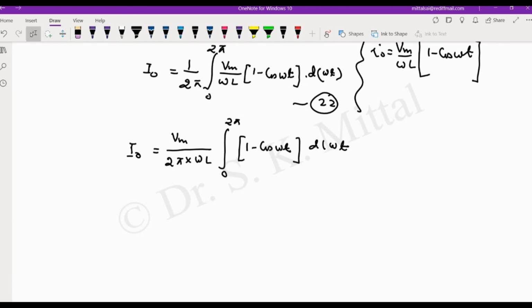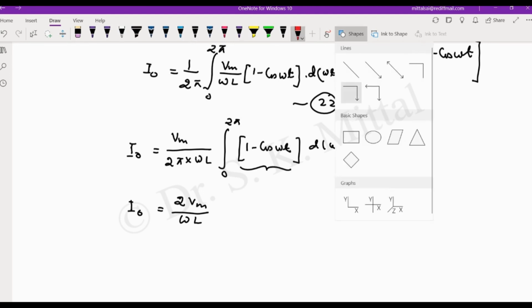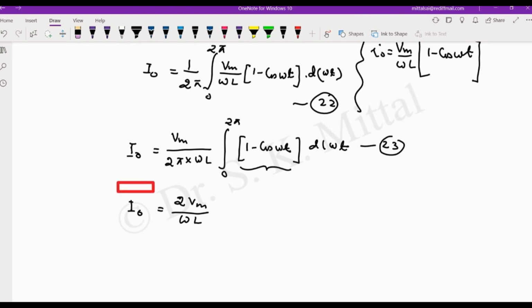Now after integration and taking the limit, the average value of output current comes to Vm upon omega L. I am writing directly. You can solve equation number 23 after integrating this bracket and putting the limit 0 to 2 pi. Then the average value of the output current will be I0 is equal to 2 Vm upon omega L.